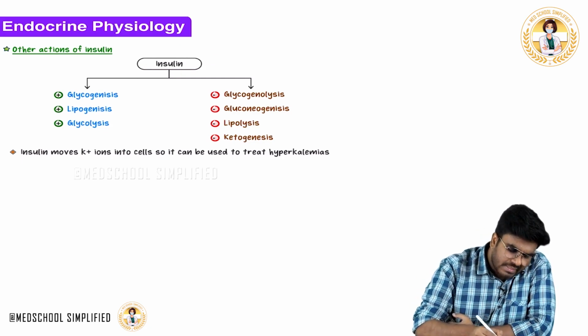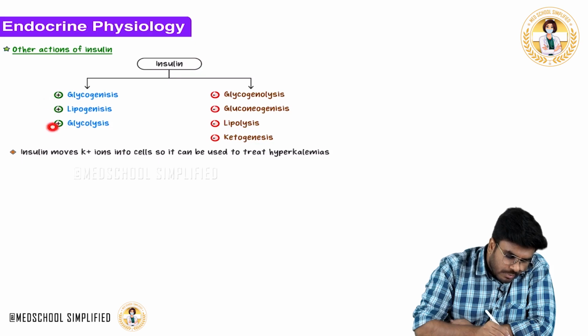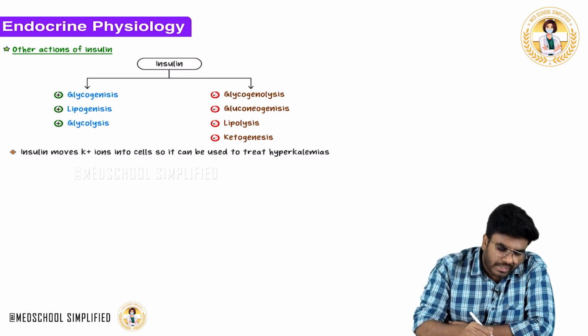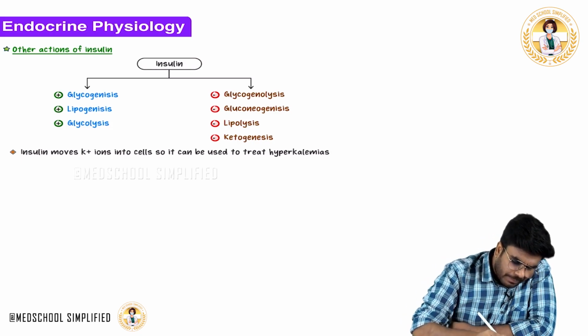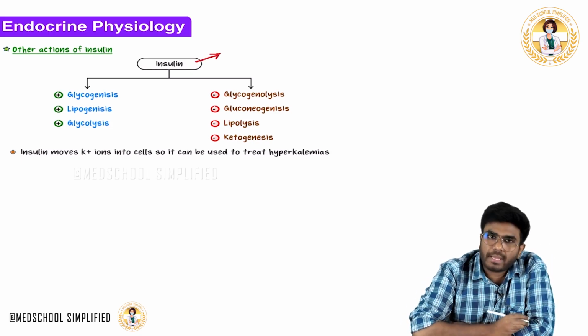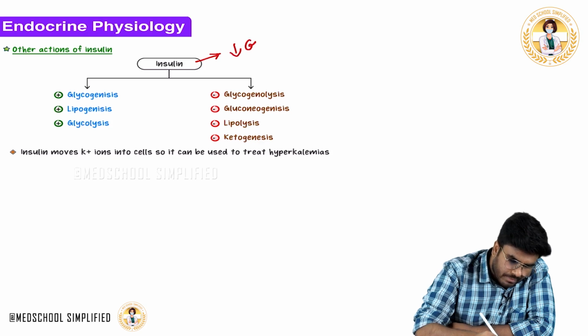Not only that, insulin will also stimulate certain biochemical processes and inhibit certain biochemical processes. How to understand this? The primary goal of insulin is to decrease the blood glucose levels.